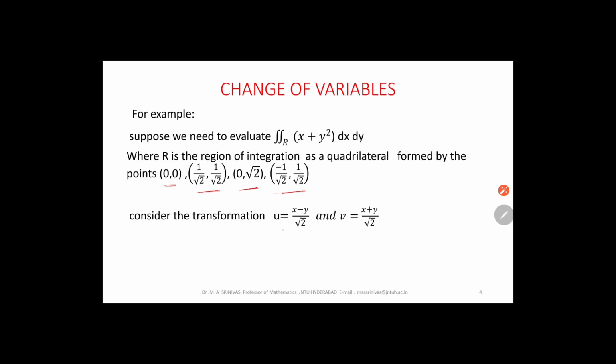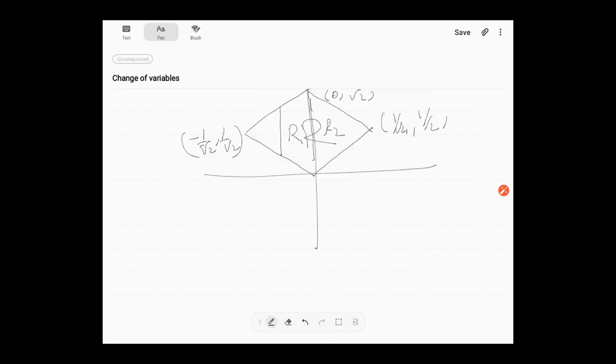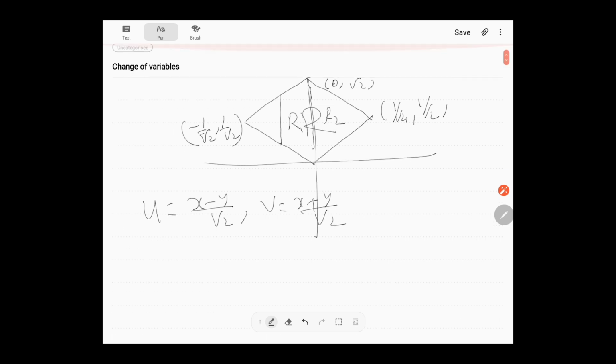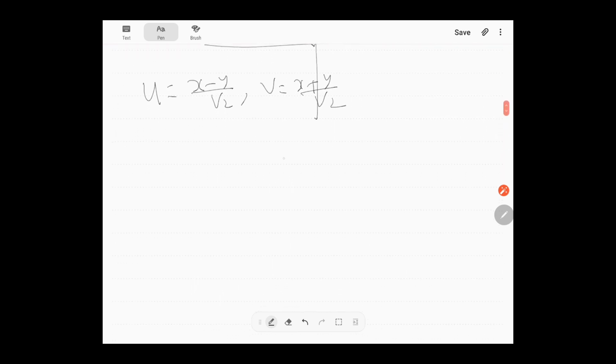See here, if I take this substitution, u is equal to x minus y by root 2 and v is x plus y by root 2, let us see what happens under this transformation. That means from this xy plane, I am going to another plane called the uv plane.